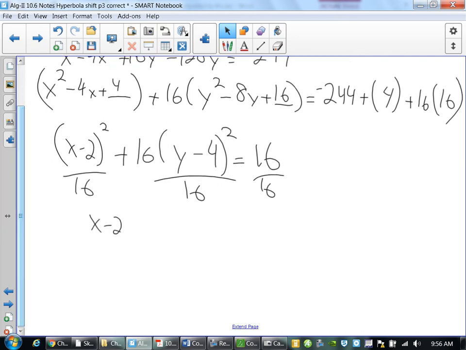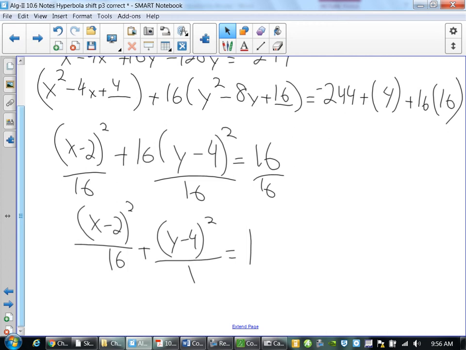So we wind up with another ellipse that is stretched left and right, with an a squared of 16, a b squared of 1, c squared would wind up being 15, and we go from there.